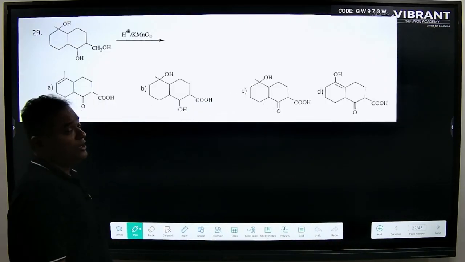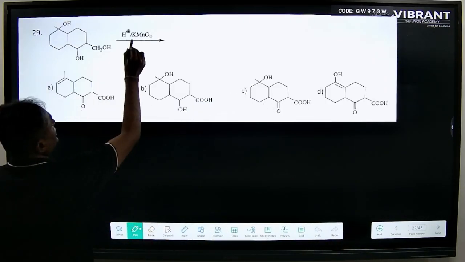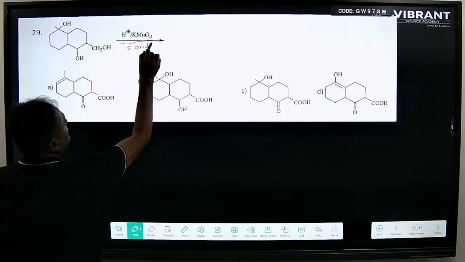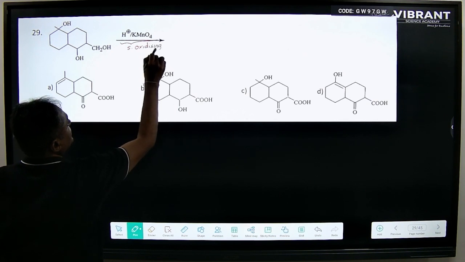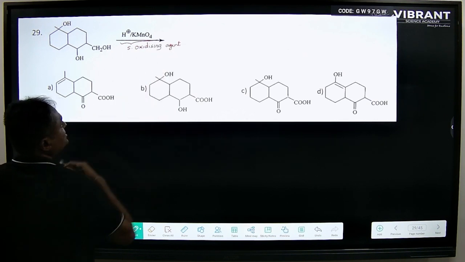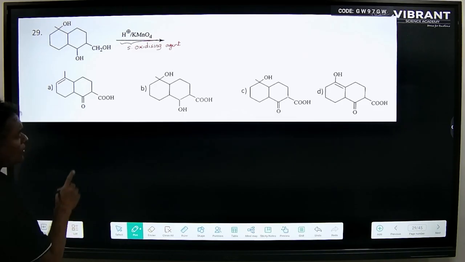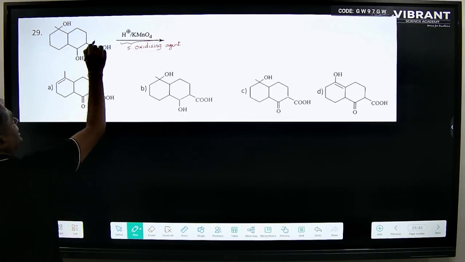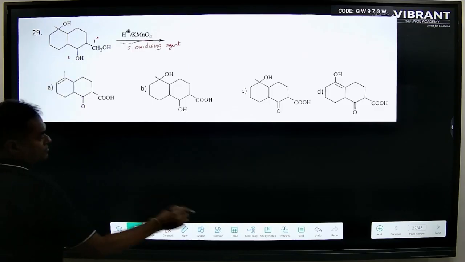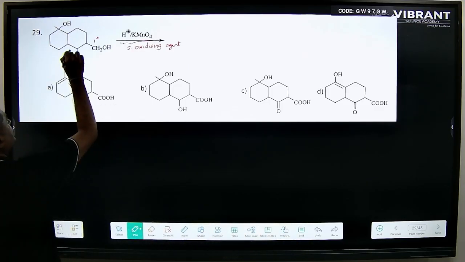Yeah. Now, child, before we start anything, KMnO4 is a strong oxidizing agent. Now, if it is a strong oxidizing agent, child, what will happen? First of all, is this a primary alcohol? Is it a secondary alcohol? Secondary alcohol.